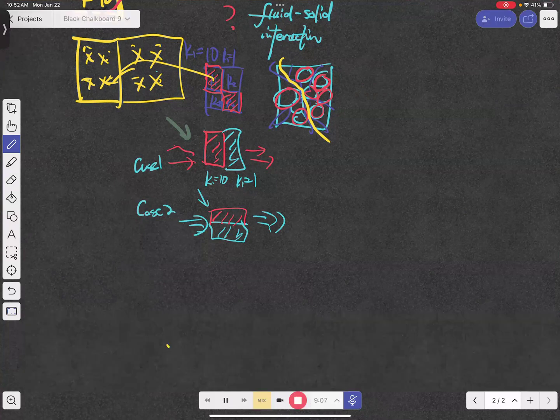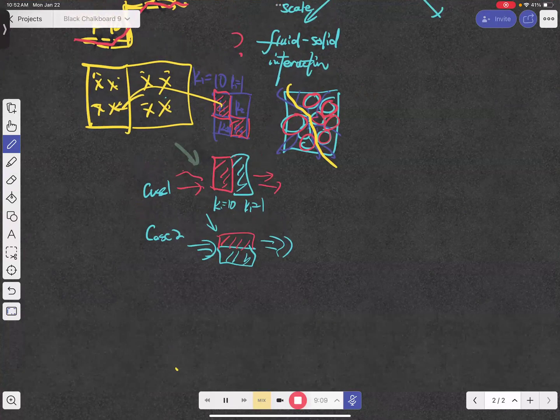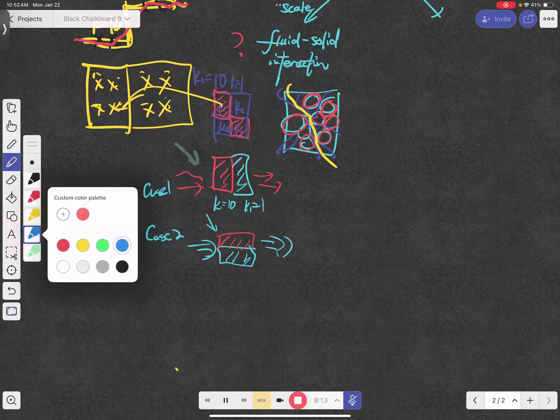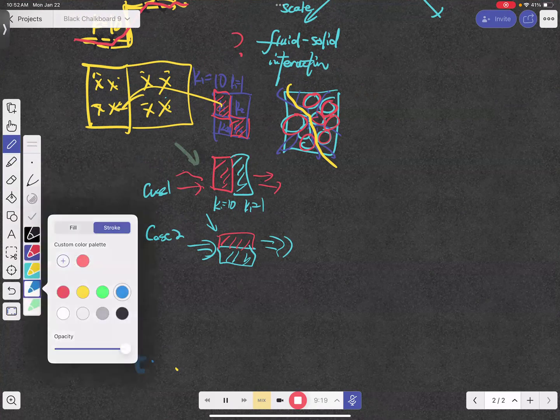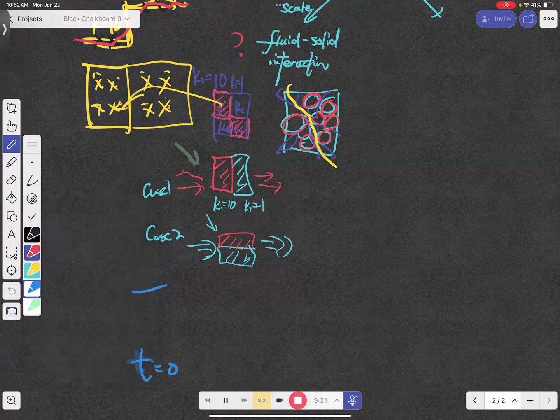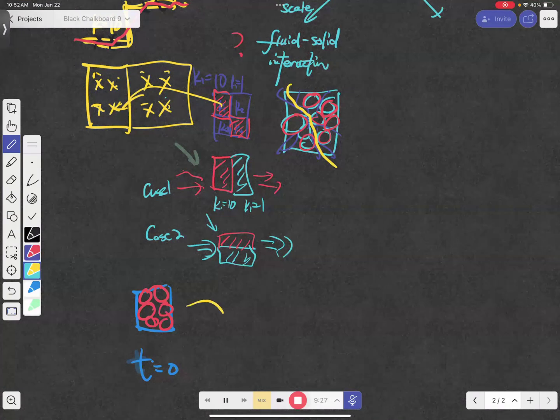Imagine that I have this porous media, and at time equal to 0, the material is like this. Then I'm going to deform the material by some kind of deformation, so that it becomes something like this.